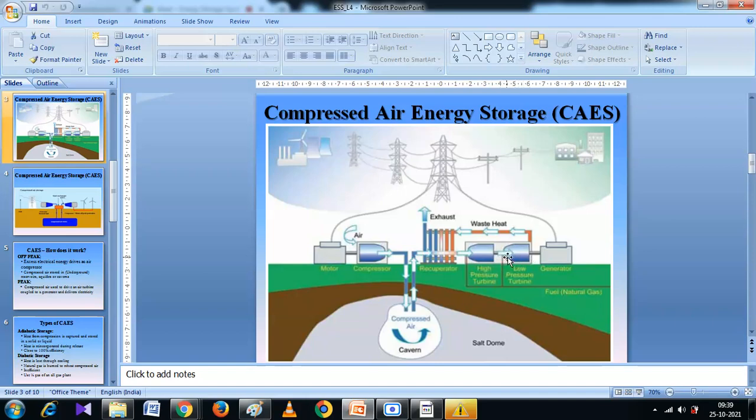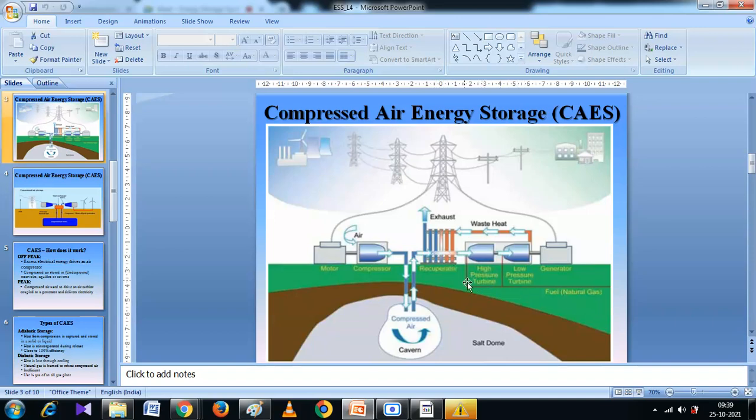Then we insert that compressed air into the low pressure turbine, and after that we take the temperature of the exhaust air also and reheat the compressed air.